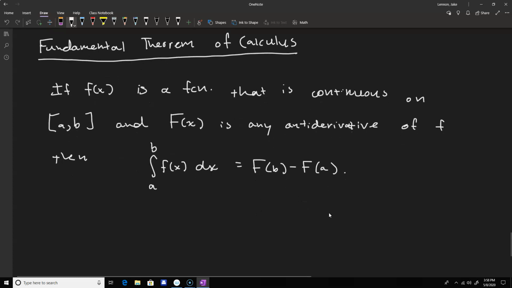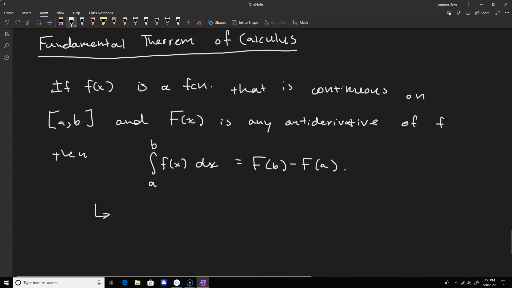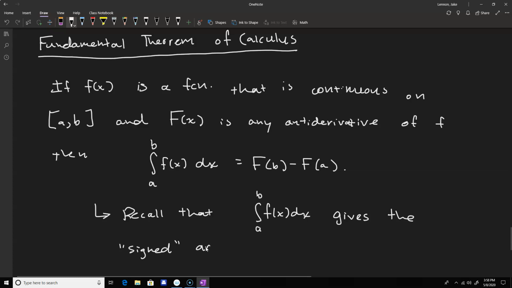And also recall that the integral from a to b of f of x dx gives the signed area between f of x and the x-axis.